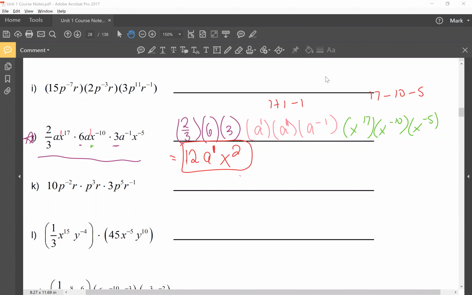Do you mean the x squared or the x to the power of 2? I do have to apologize.